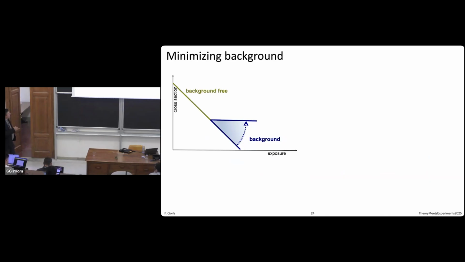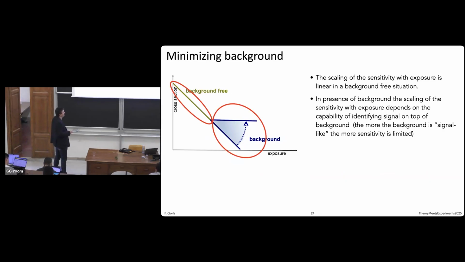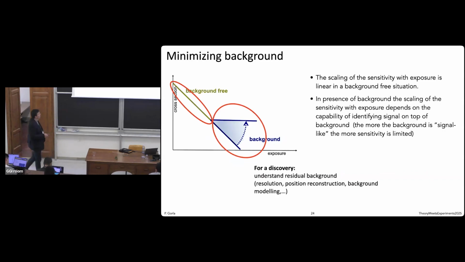So this is what happens. You keep increasing the sensitivity with exposure until you get to some level of background. At that point, your exposure doesn't help increase the sensitivity. Of course, for making a discovery, so you observe some kind of signal, it is mandatory to understand the residual background, resolution, position reconstruction, background modeling.